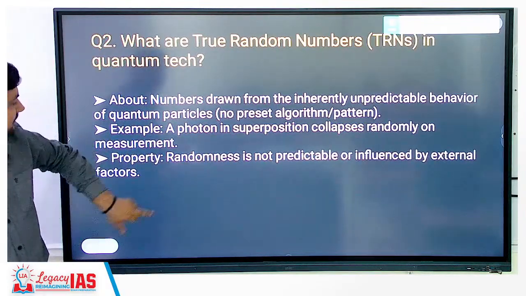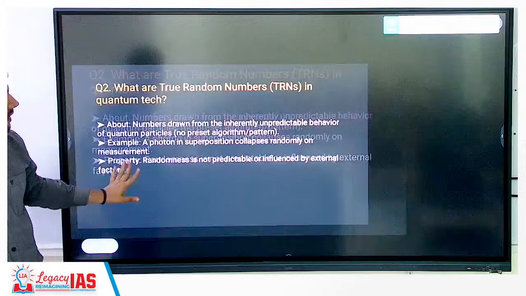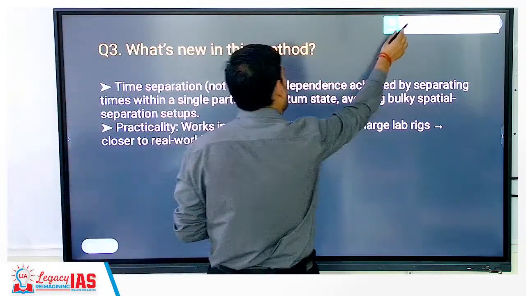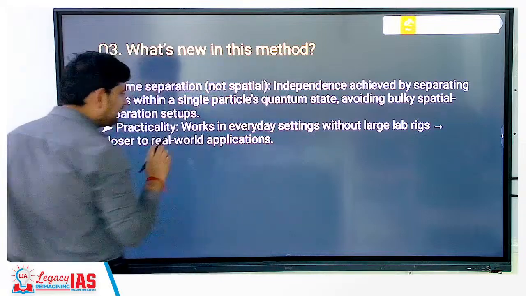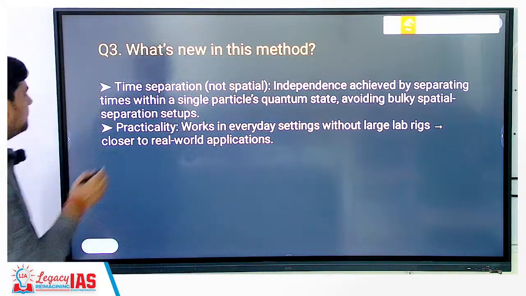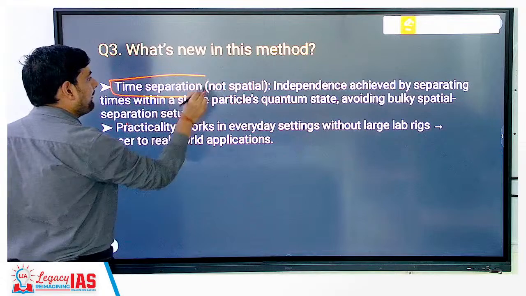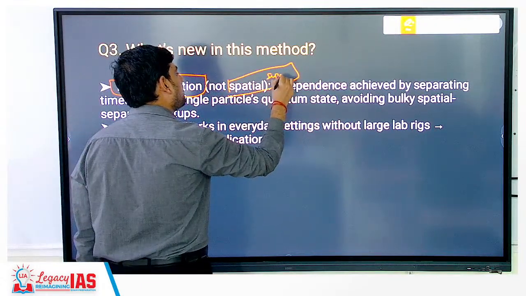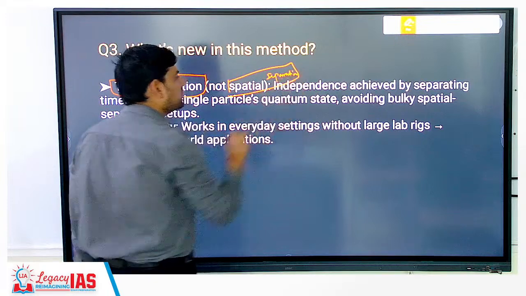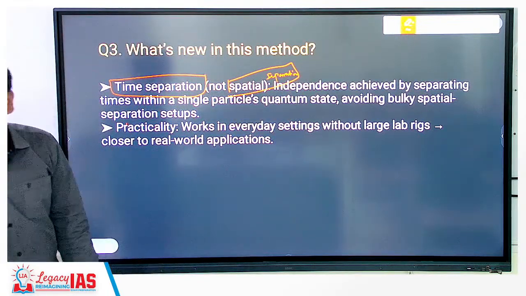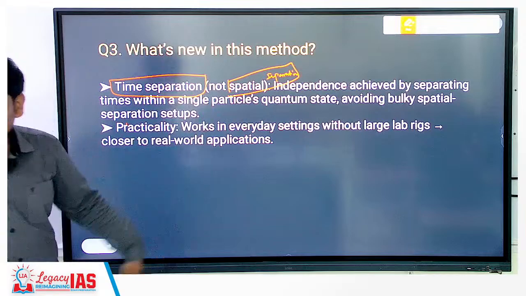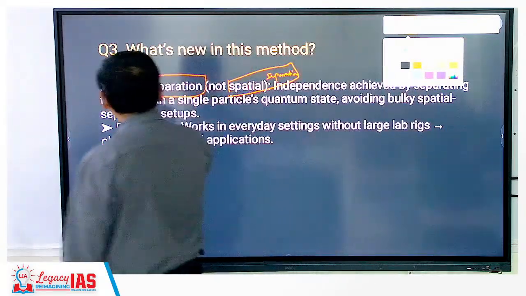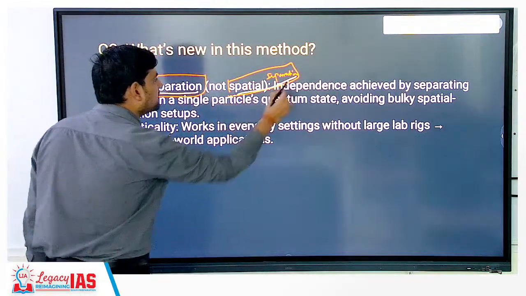Now, what's new in this method? For now we remember only this. There are two ways to get a quantum system like this. One is by time separation and one is by spatial separation.